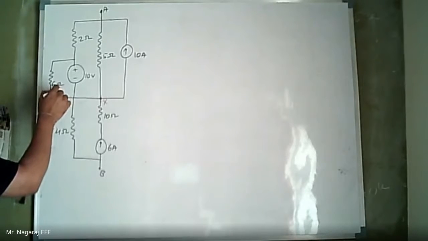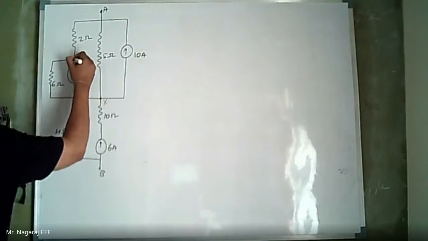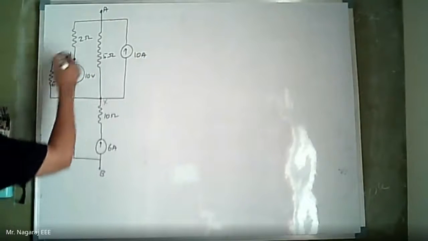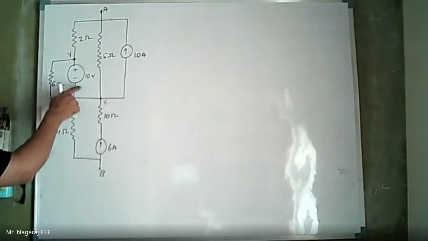The resistance across a voltage source is also neglected, because the node voltage here, say for example Y, is not due to the drop across 6 ohm but due to the source of 10 volts.